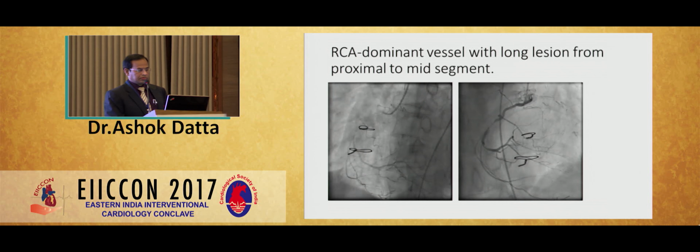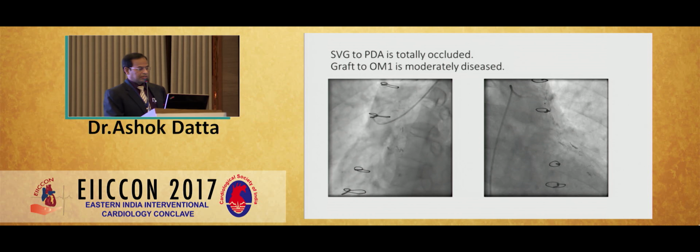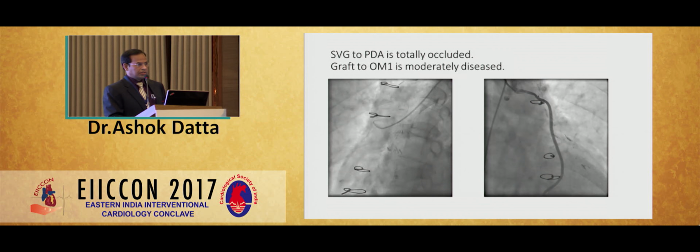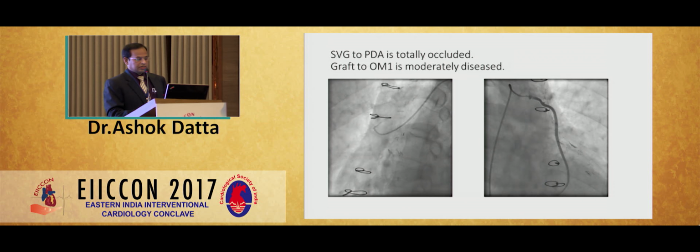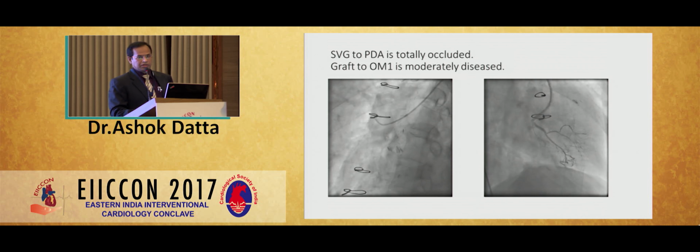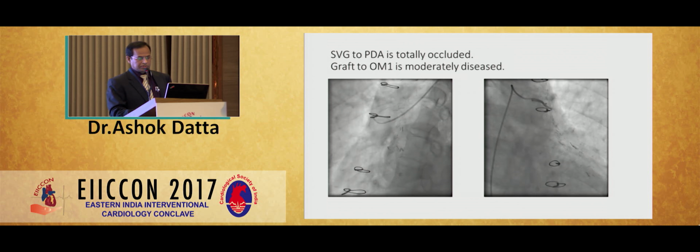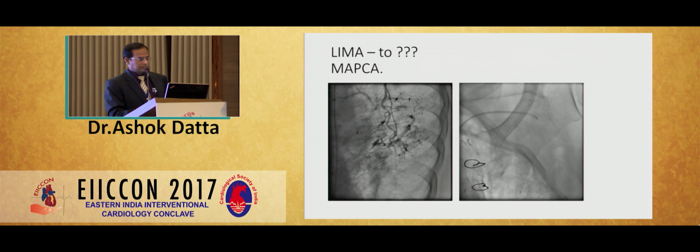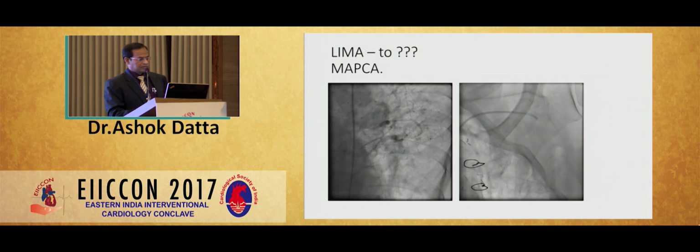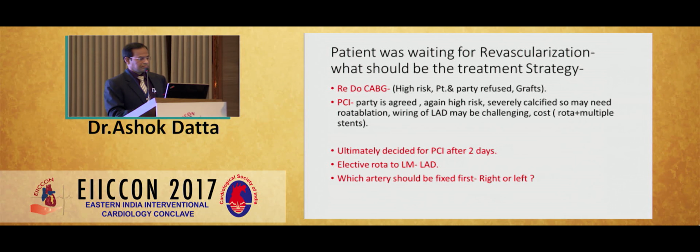proximal to mid critically stenosed. This is the graft to the PDA, that is totally occluded. And this is the graft to the OM, mildly diseased at the distal anastomotic site. So this is the dilemma.